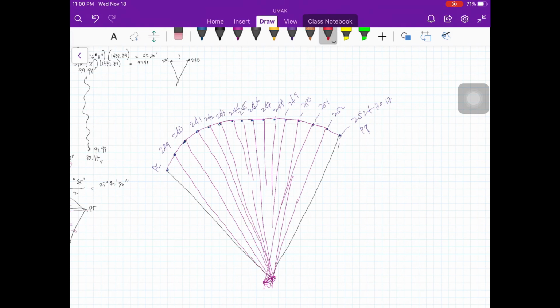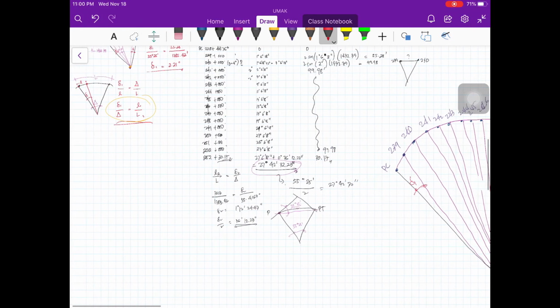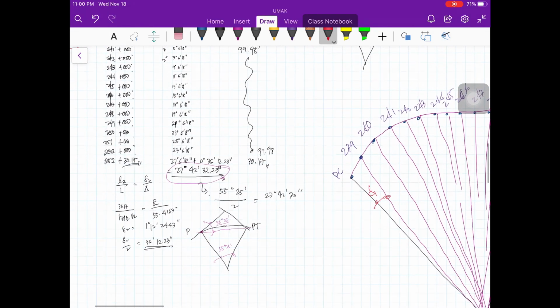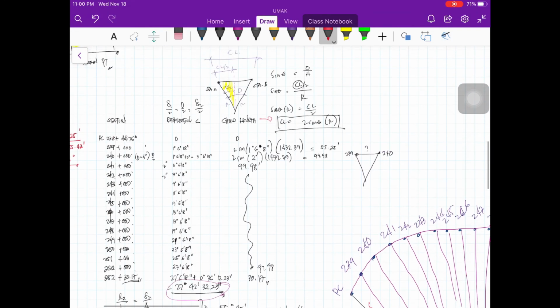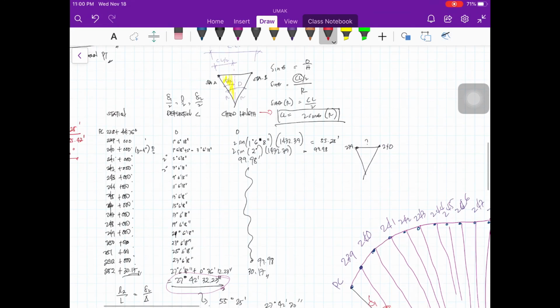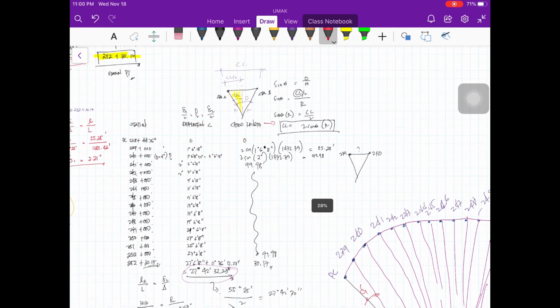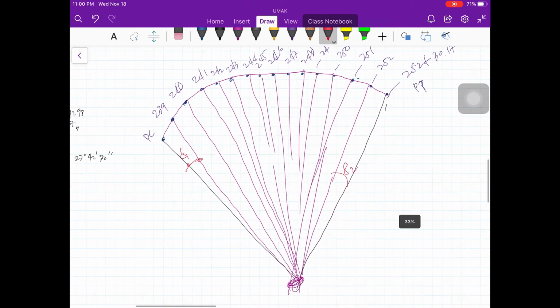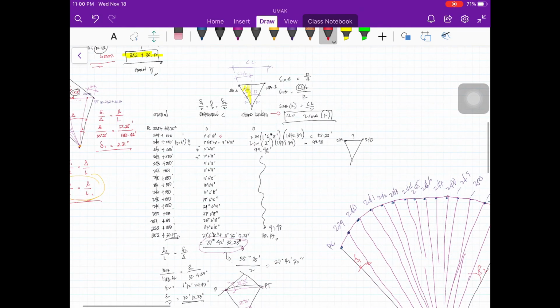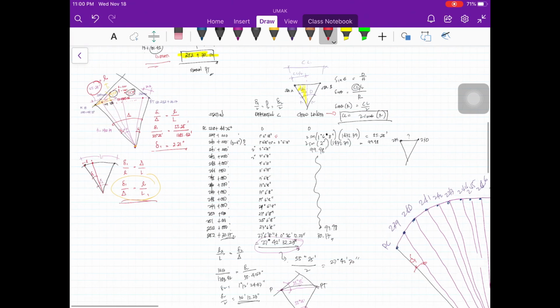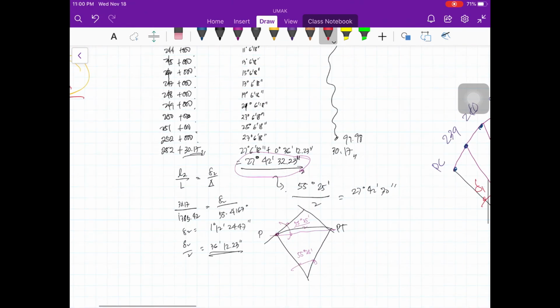So you have the gamma 1 here, the gamma 2 here. This one is the value of the gamma 1, and you have the value of the gamma 2. We solved it already.